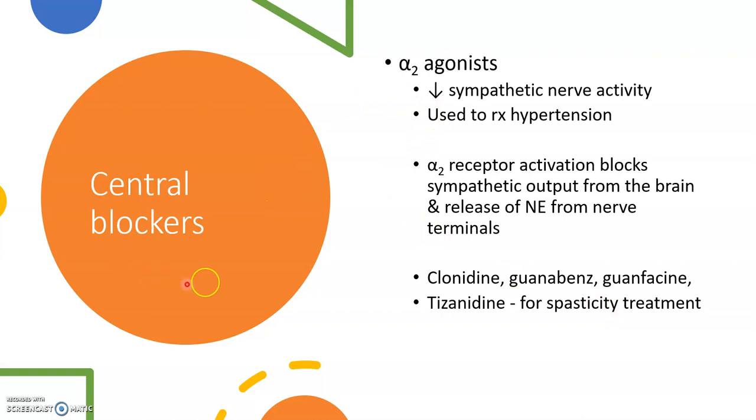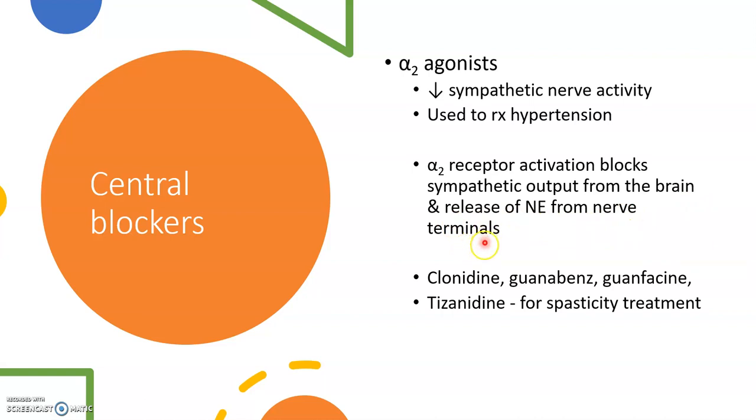So first we have the central blockers. Alpha-2 agonists reduce sympathetic nerve activity, and are used to treat hypertension. Alpha-2 receptor activation blocks sympathetic outflow from the brain and also the release of norepinephrine from nerve terminals.